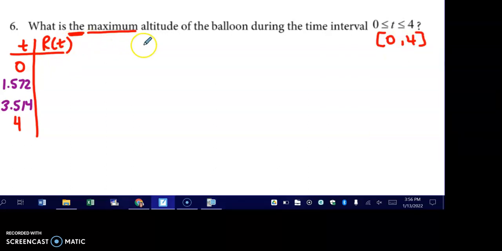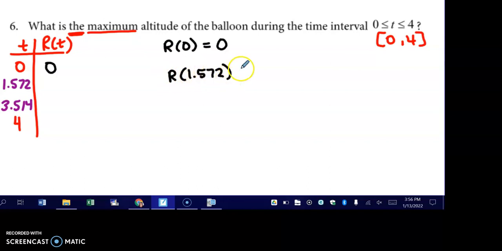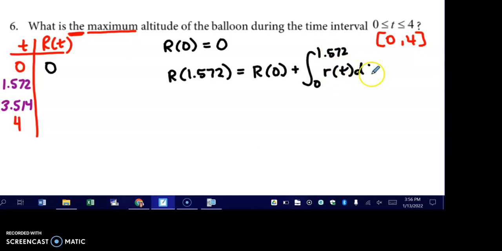Okay? If I wanted to find R of 0, that's going to be equal to, well, 0, because I start at the ground level. It's not very exciting. If I wanted to find R of 1.572, that's going to be equal to where I start plus a collection of all of my changes, which was little r.